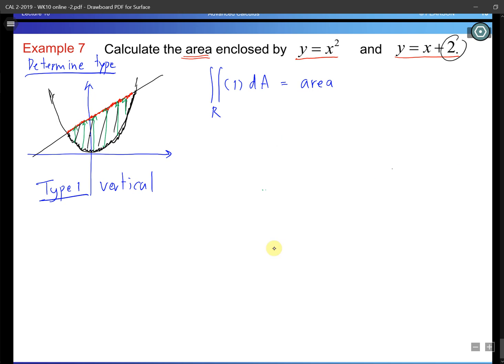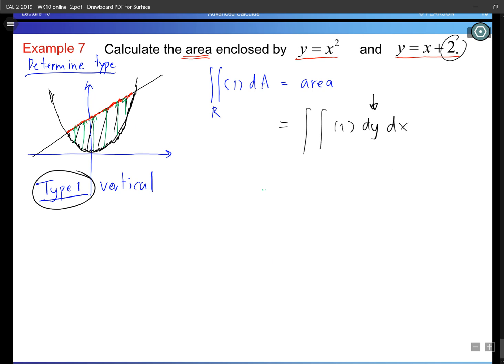Okay, so type 1. Once we know this, we know right away that we are supposed to integrate with respect to y first. That is why we need to know the type, because we need to determine which variable goes first. Here we know it's y, and then we integrate with respect to x.